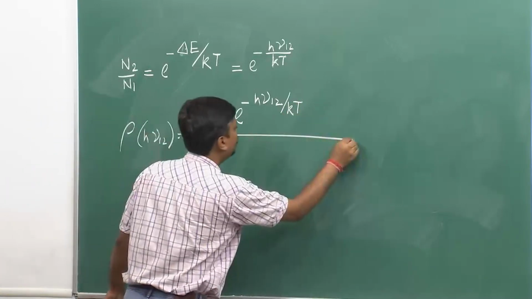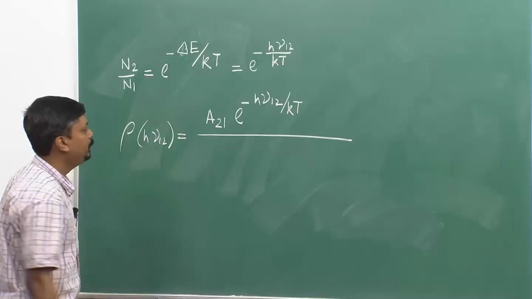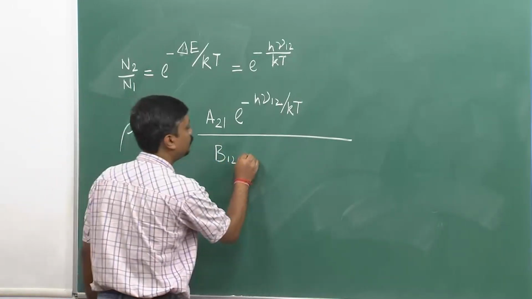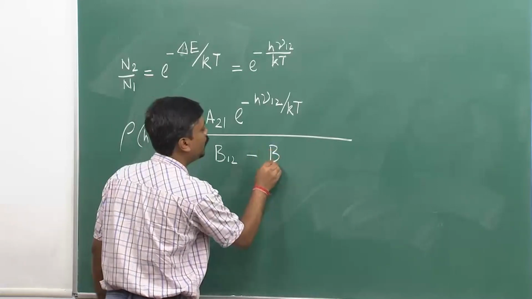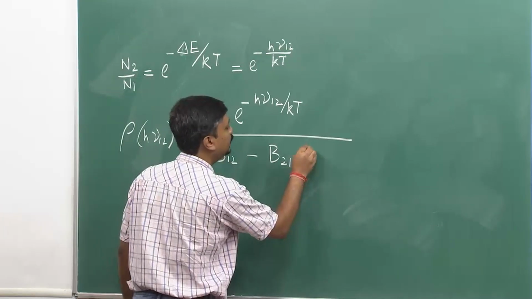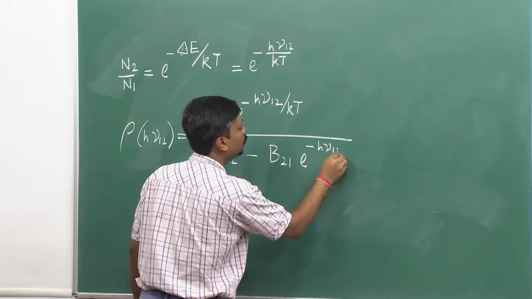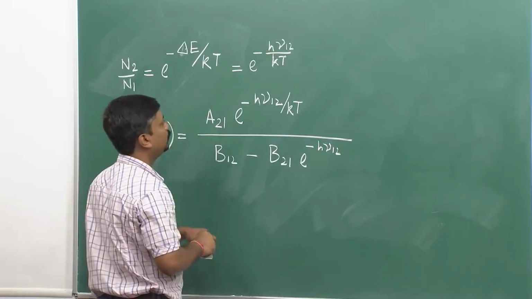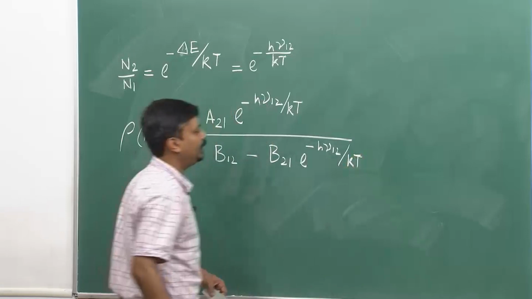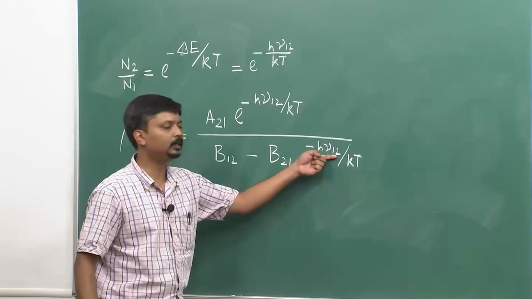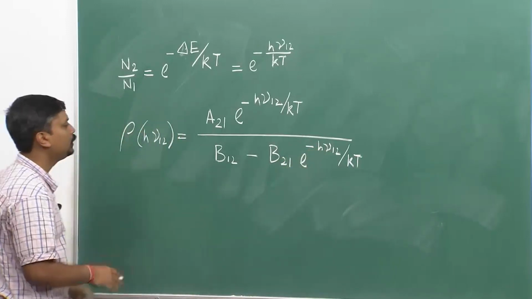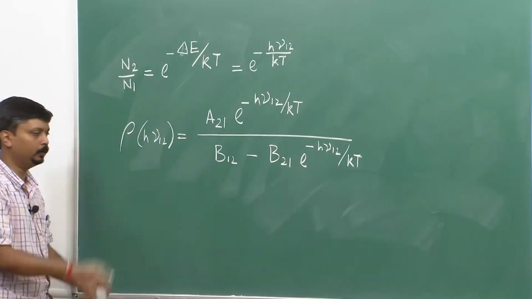Then in the denominator, I have B12 minus B21, again multiplied by N2 by N1, which gives me e to the power minus h nu 12 by kT. I can omit using the subscript 1 2 henceforth and just write h nu. We will know what nu it actually is.